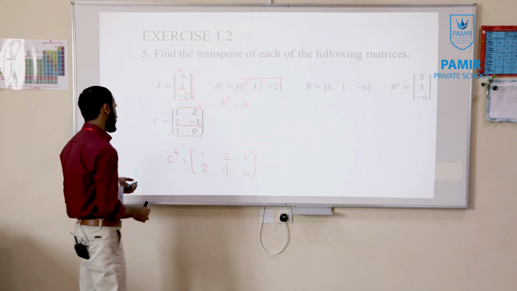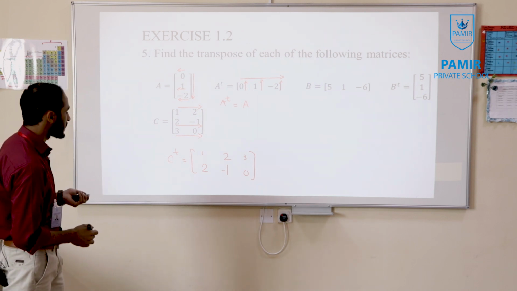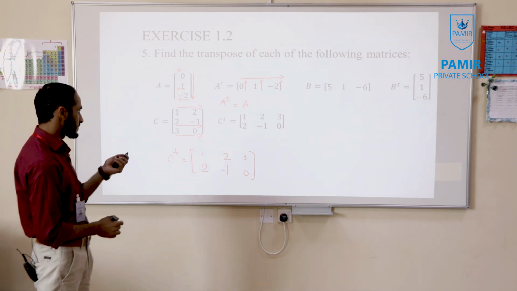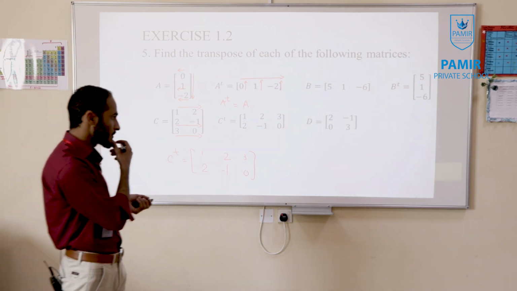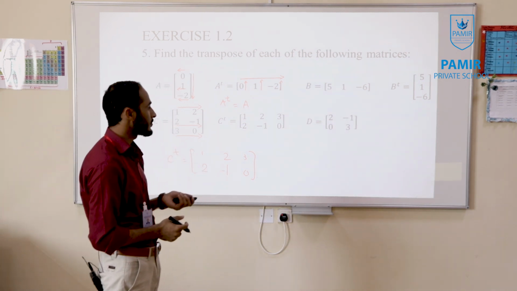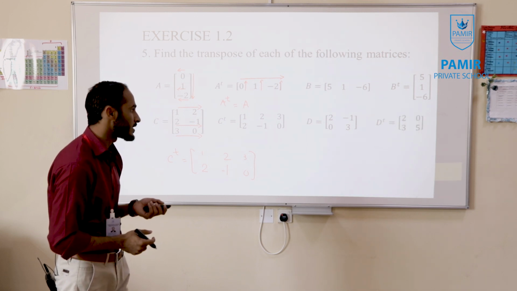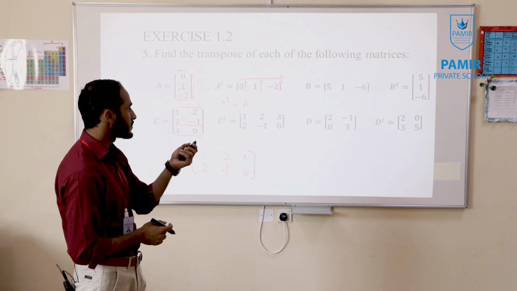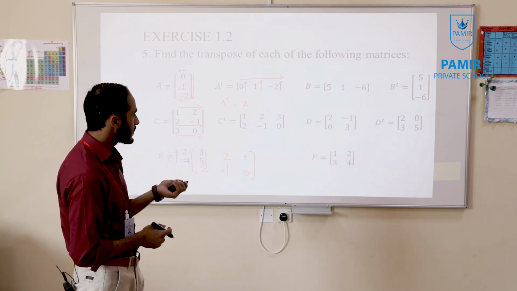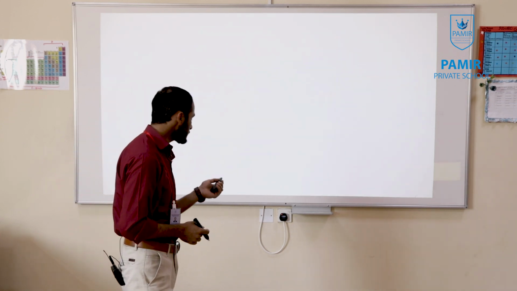Then we get the transpose of the matrix as given here. And the matrix D is 2 by 2. In a similar way we can find the transpose of the matrix. The entries in the row form are 2 and -1, and we can convert them here.